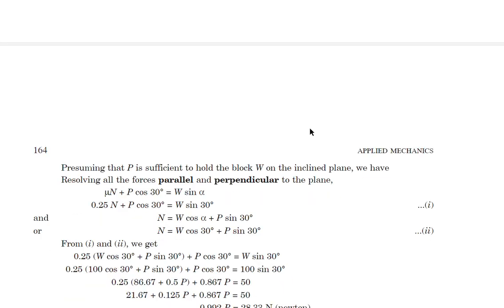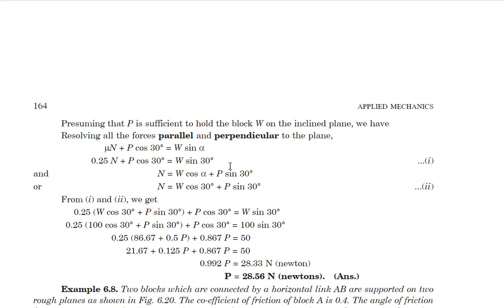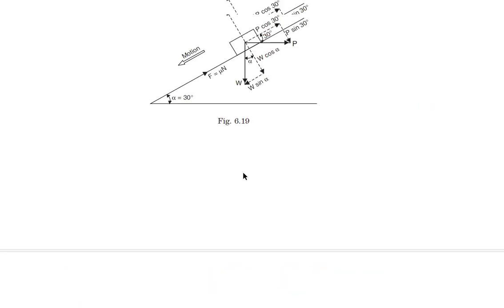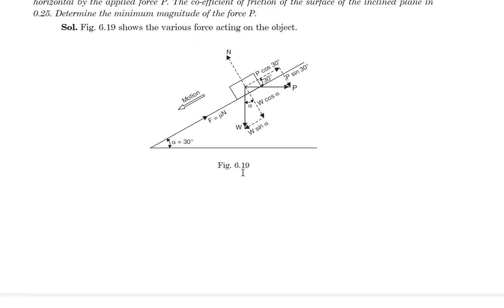So we get these two equations, and there are two unknowns, N and the force P. So we can resolve these two. Alpha is given to be 30 degrees.